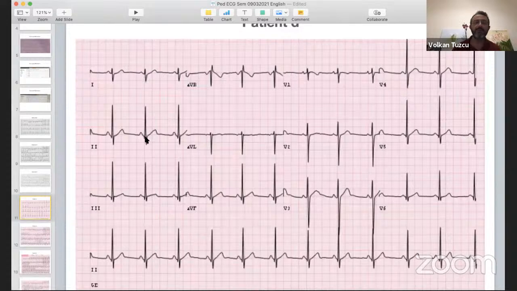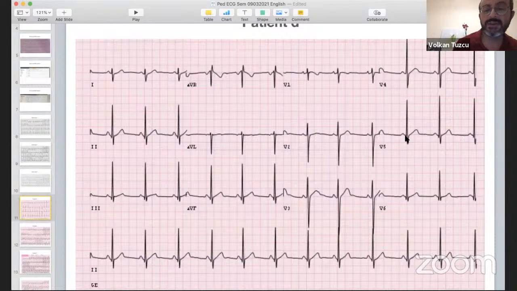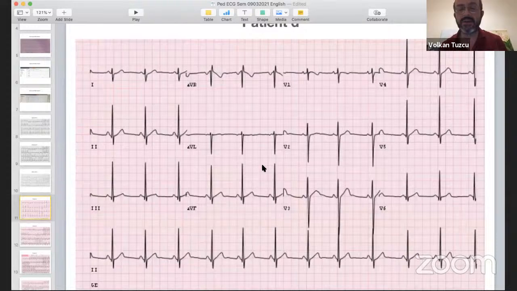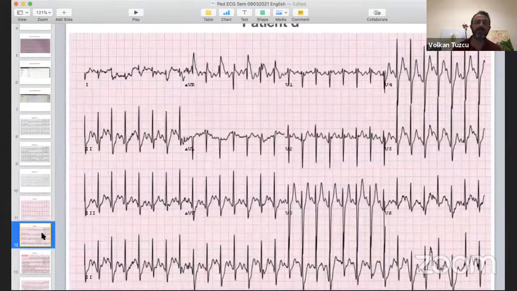You have nice Q waves in 2, 3, aVF. You have nice Q wave in V6, very sharp, steep onset of QRS. So there's no delta wave, doesn't matter how short the PR is. So therefore, there's no pre-excitation here on this baseline ECG. Yes, it's short PR, but there's no pre-excitation. So this short PR doesn't have too much meaning, therefore.